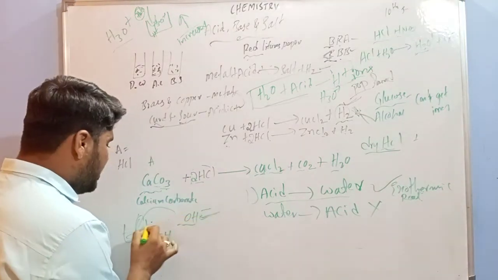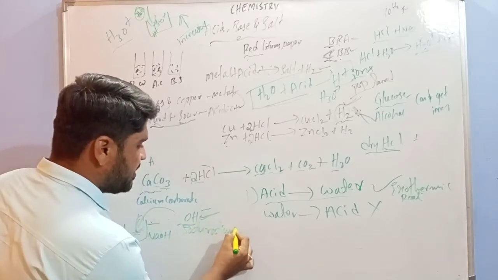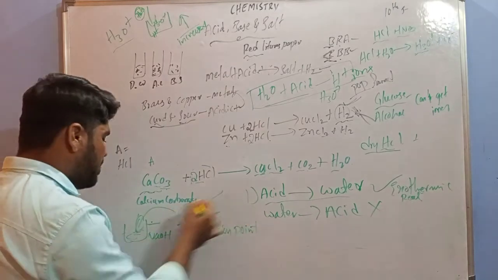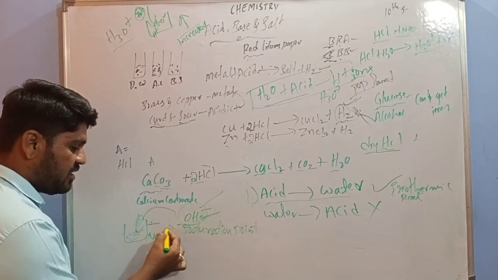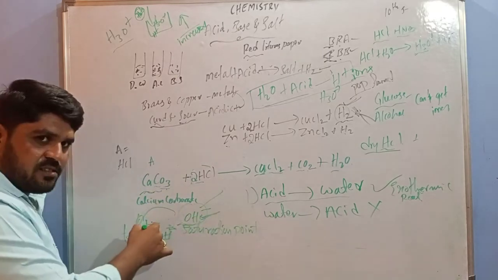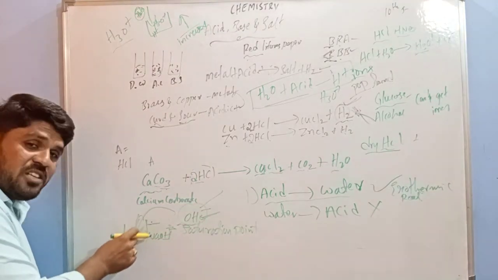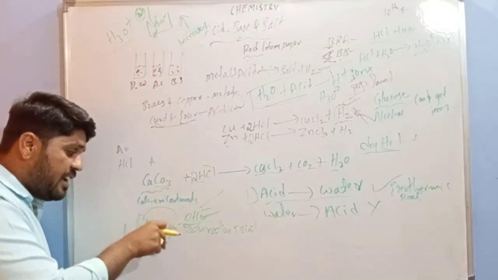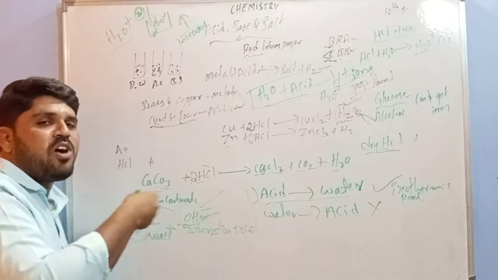That means this reaches a saturation point. OH minus ions are already present in this solution. When you add more base, it reacts with the water. The NaOH solution is the aqueous solution of NaOH, where the sodium hydroxide pellets mix with the water.